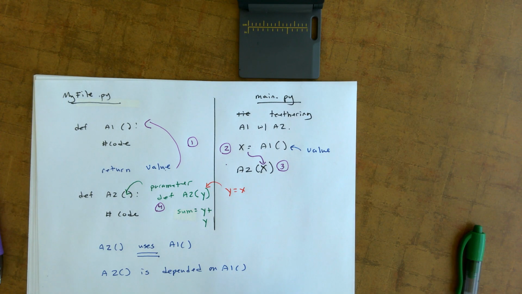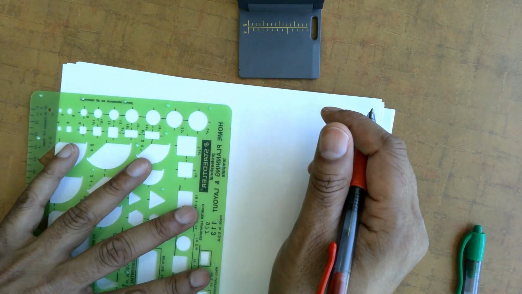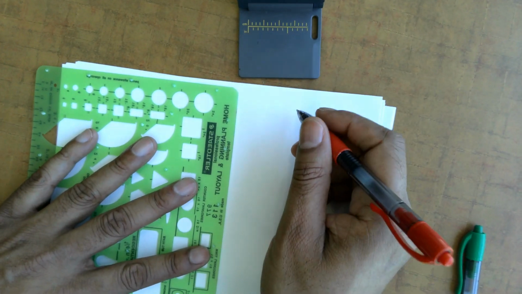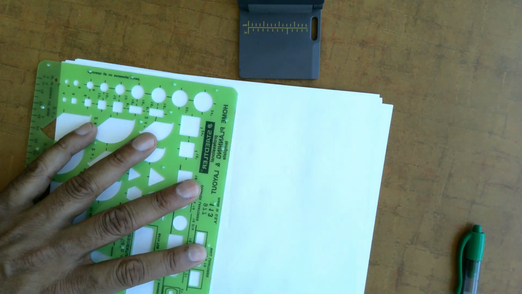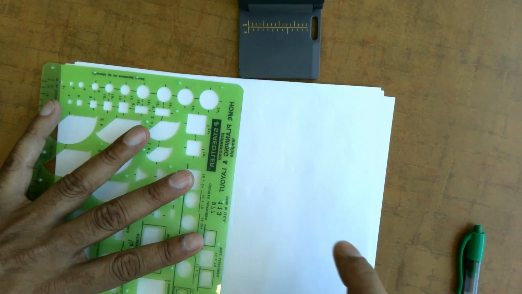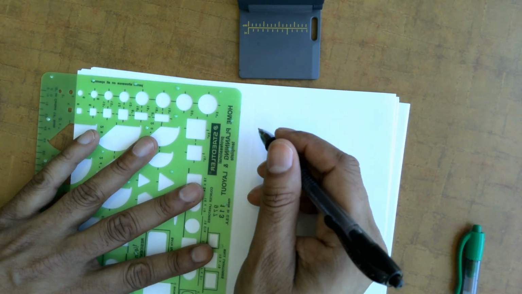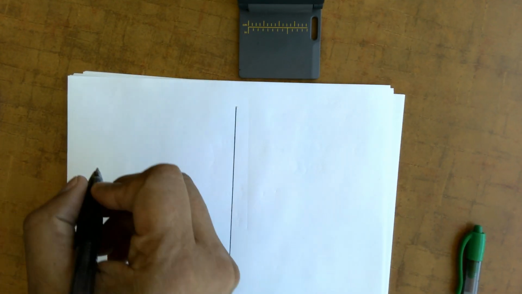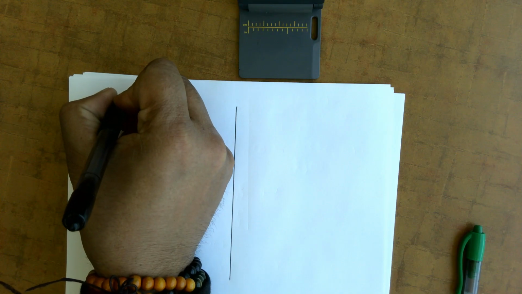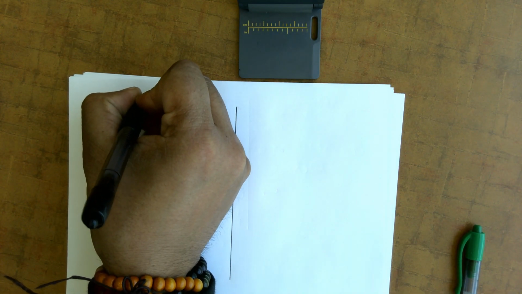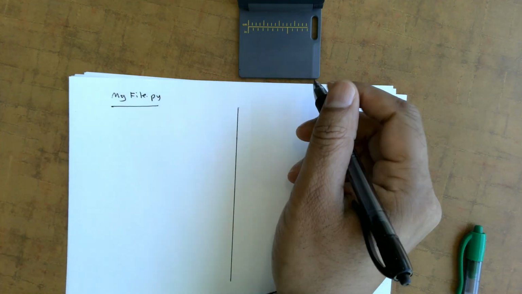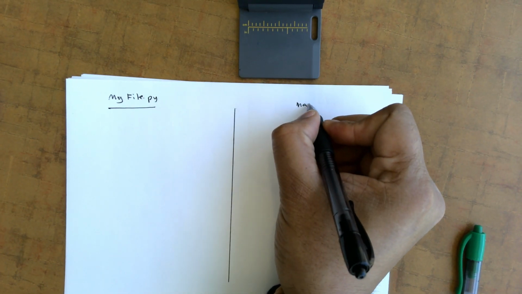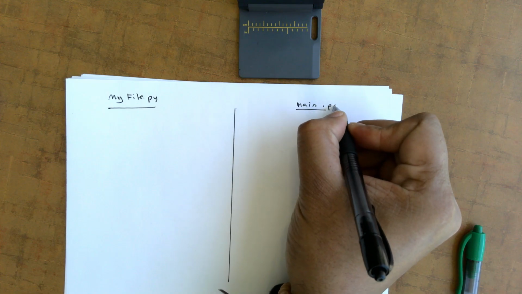I'm going to do this again for you so you have a better understanding of what's going on. We can draw down in the middle, with the multicolored pens, you have myfile.py, and you'll have a main.py.